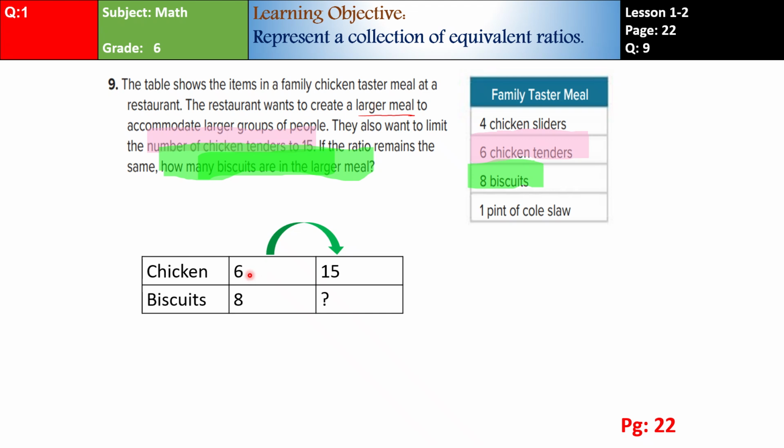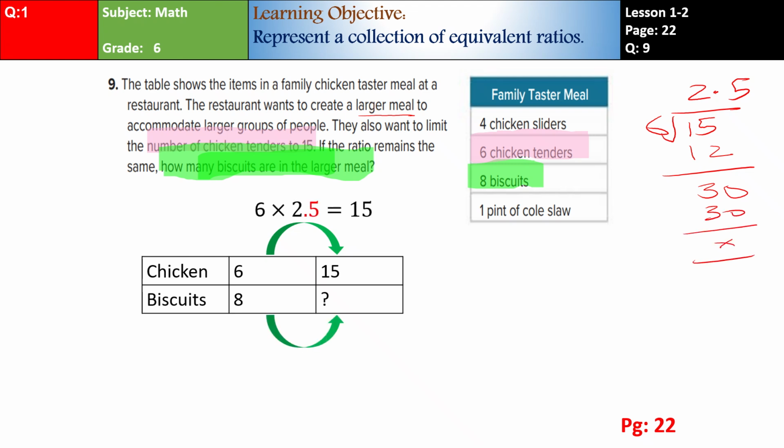So first we will see 6 how many times is 15. So 15 is not a direct multiple of 6. So what you will do, you will keep 15 inside and you will divide it with 6. 6 2 times 12. 3, we can put a decimal point. Decimal point gives us 0. 6 5 times 30. So 2.5. Now we will do the same thing with 8.